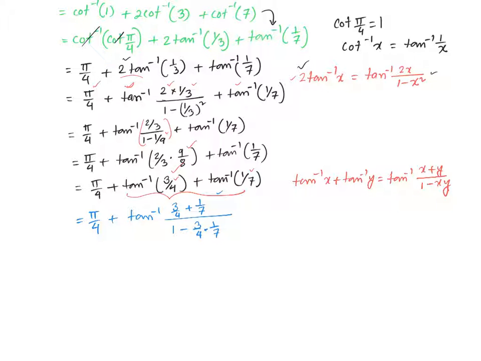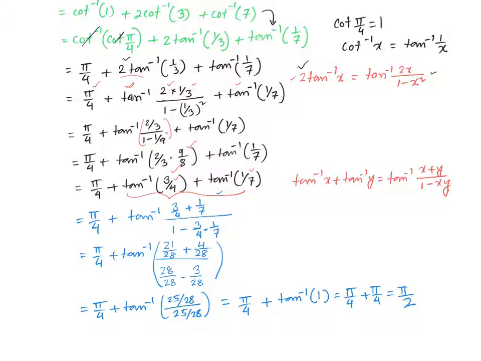Now I'm going to simplify this, and once I simplify that, I get the following. After applying this formula, now I'm going to combine the numerators. So 3/4 plus 1/7. I multiply 3/4 by 7 and divide it by 7. That gives me 21 over 28. Then I multiply 1/7 by 4 and divide it by 4. That gives me 4 over 28.